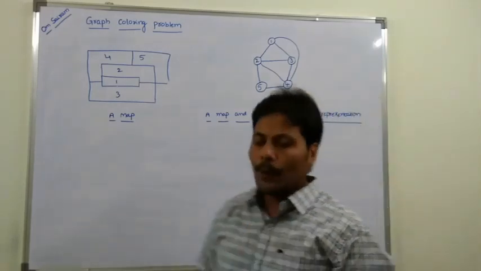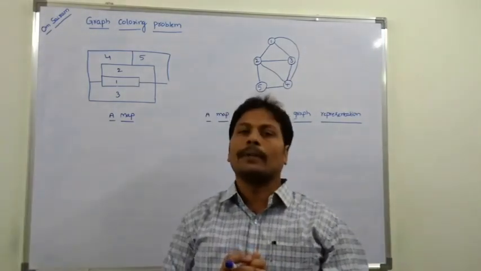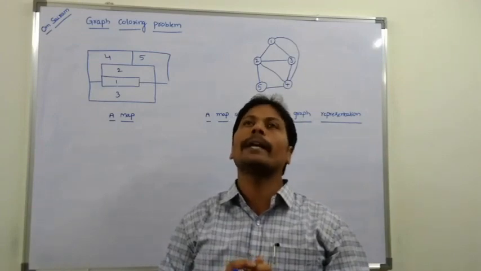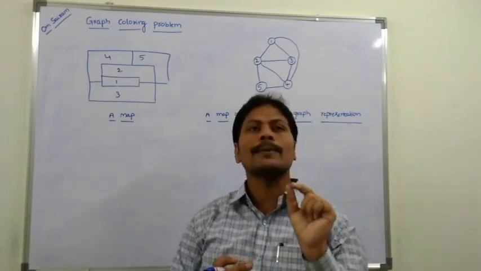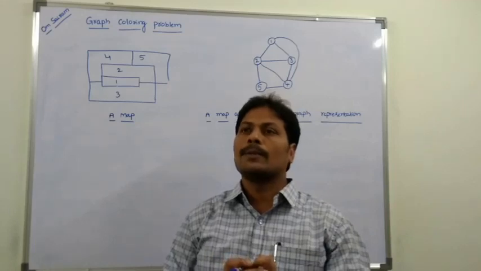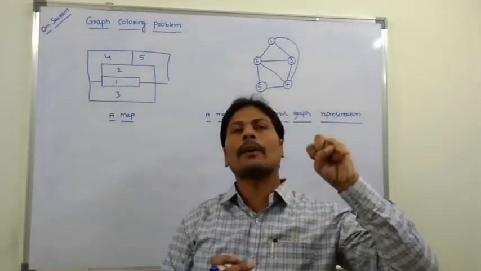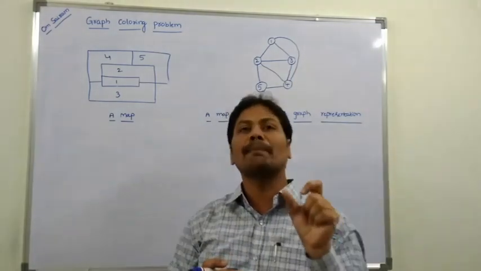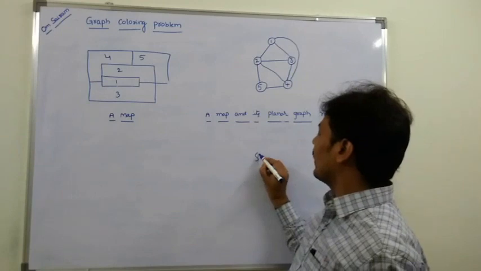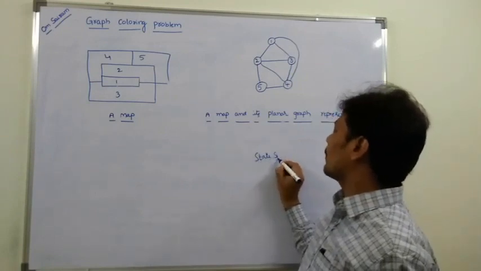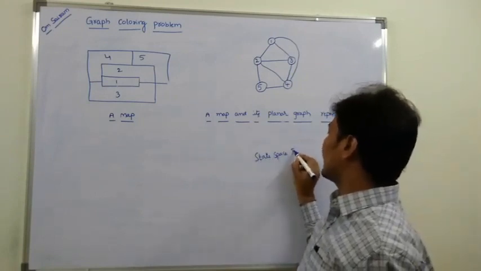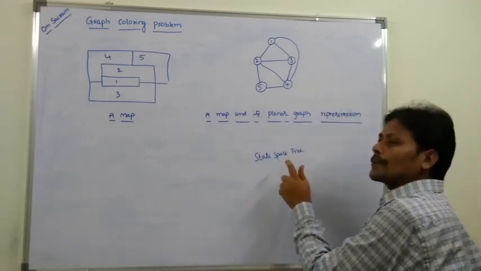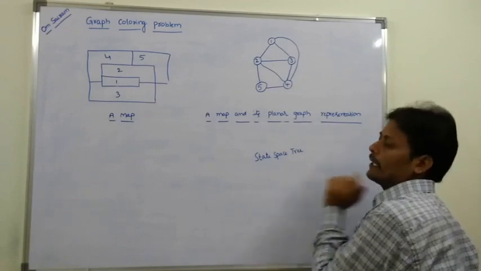Next, suppose we take a graph. How do we find all the solutions of the given graph? All the solutions for the given graph using M colors can be represented by a tree called a state space tree. So the state space tree is used for representing all the solutions for a given graph.